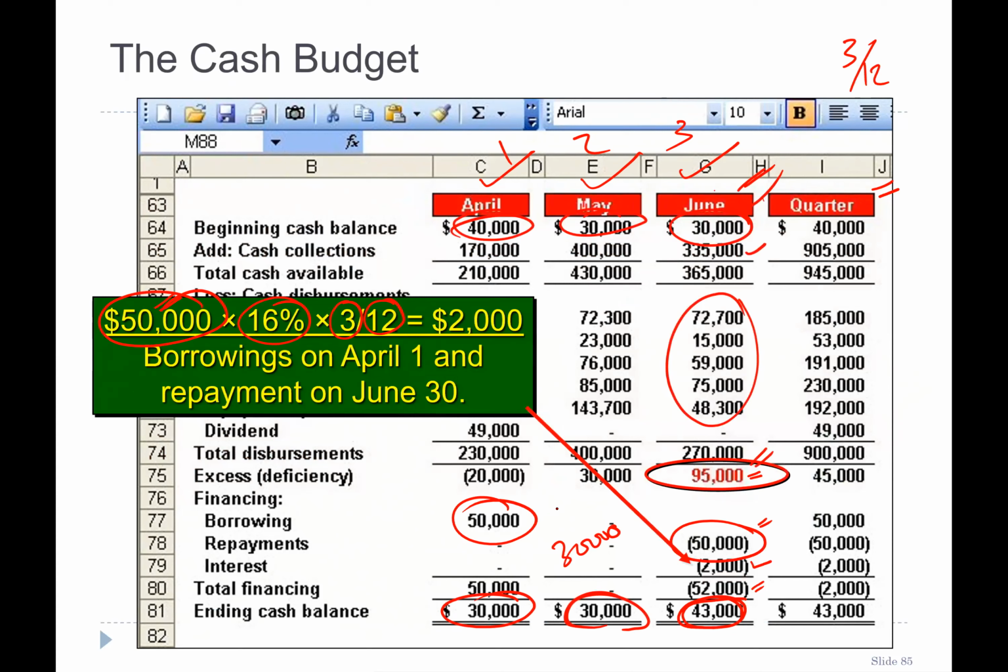So 43,000 minus 30,000, the answer is 13,000 left for investment in any kind of securities, or save it with the bank or whatsoever, right? So this is how we make the cash budget.